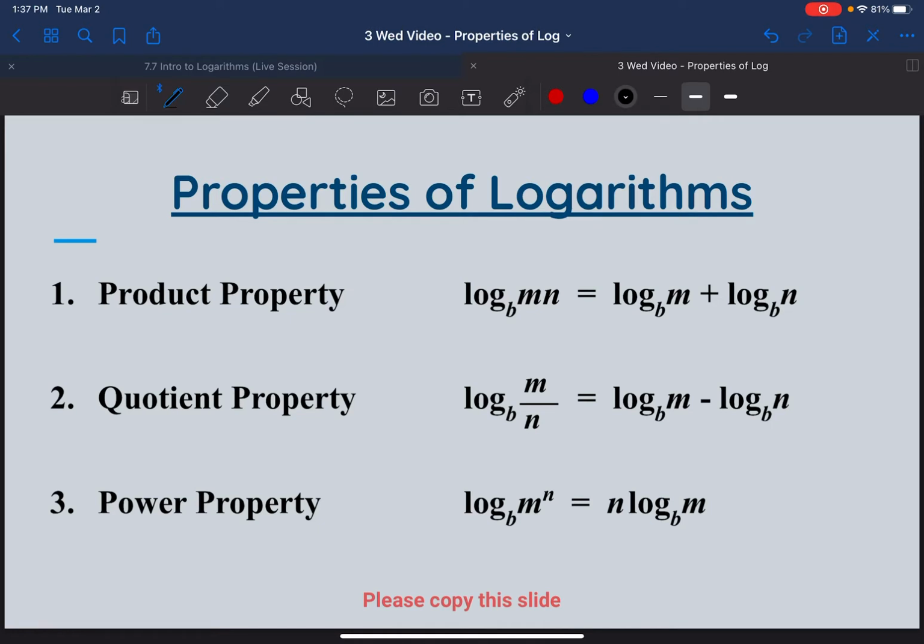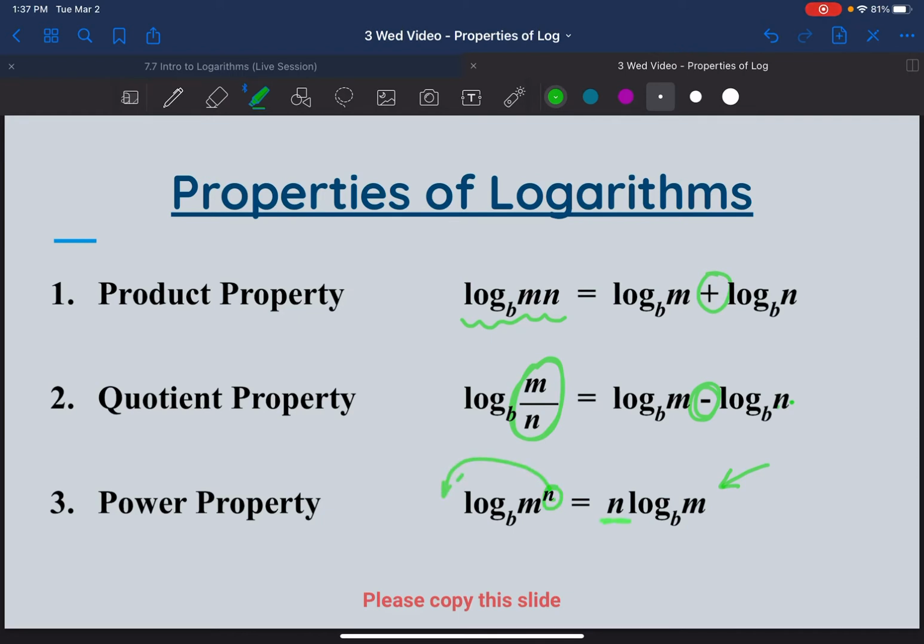Okay, let me explain really quick. Whenever you have a product inside the log, M times N, then it becomes addition. So product becomes addition. Same thing with the quotient. When you have a fraction or division, it becomes subtraction: log base b of M minus log base b of N. So quotient becomes subtraction. The power property may be a little bit confusing, but you have to remember the exponent goes in front of the log.